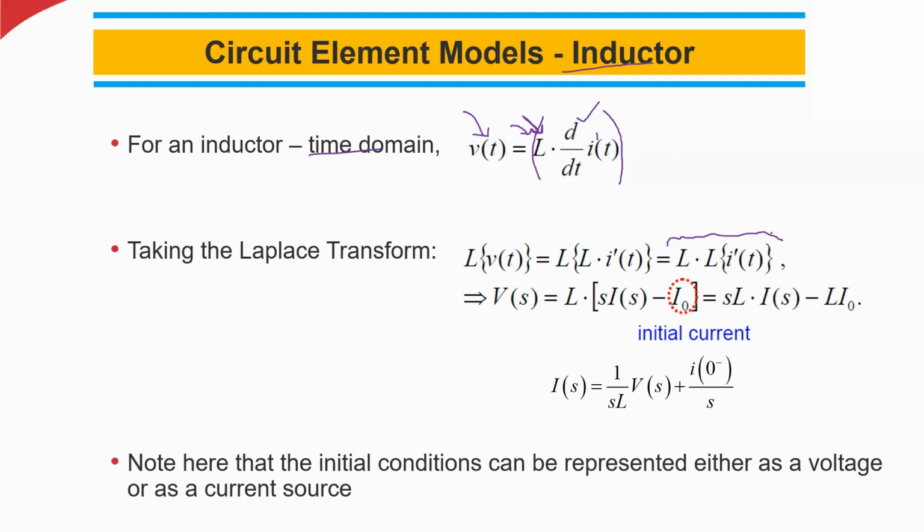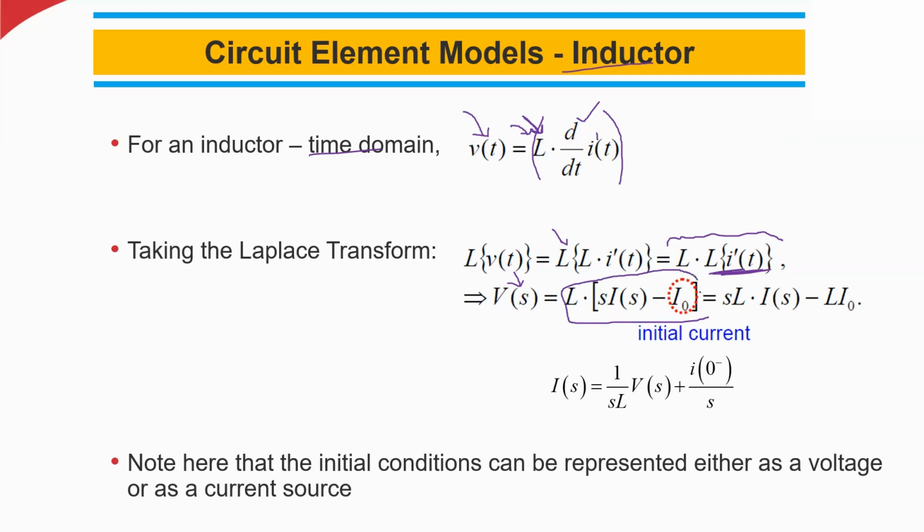This is still the time domain. Now we have to convert into the S domain. So V of t is converted like this: capital V of S is equal to L times, that is the constant inductance value, the Laplace transform of this part, which is S times I of S minus I of 0.